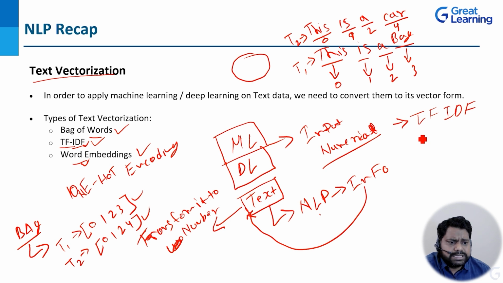Similarly, word embedding is an advanced form of vectorization in which we convert the words into vectors and provide features to them. Based on the features, we can segregate the words or find the similarity between the words with the help of word embedding.